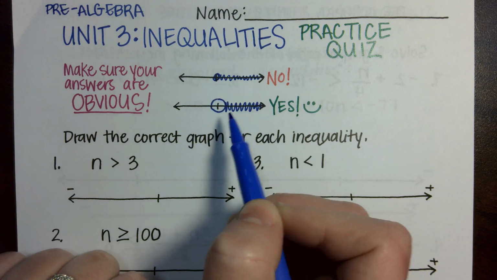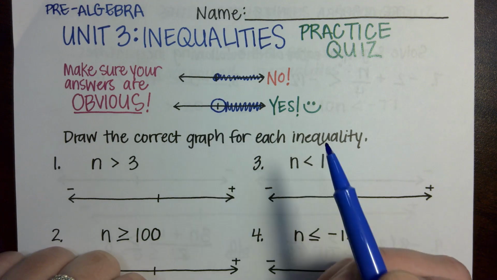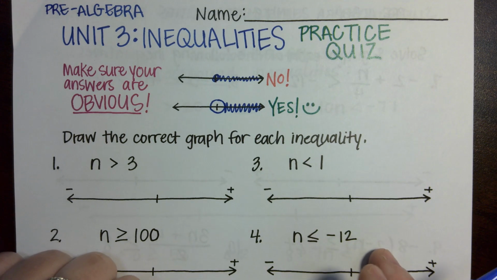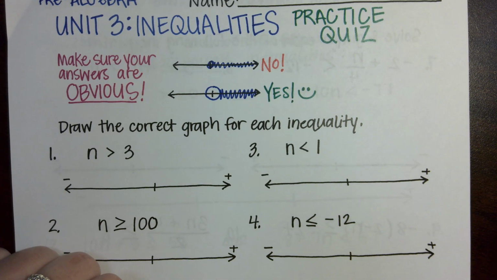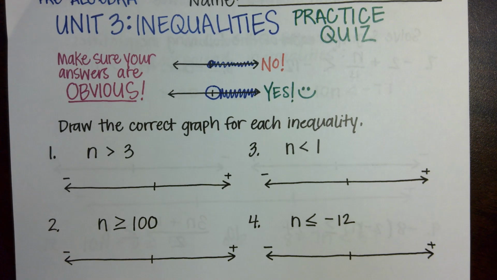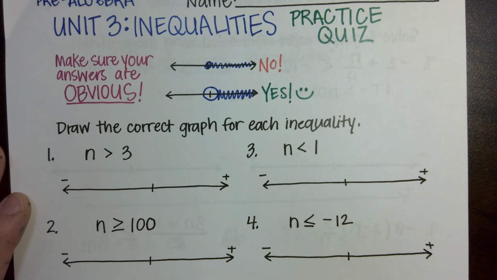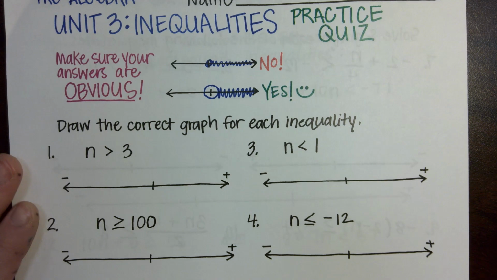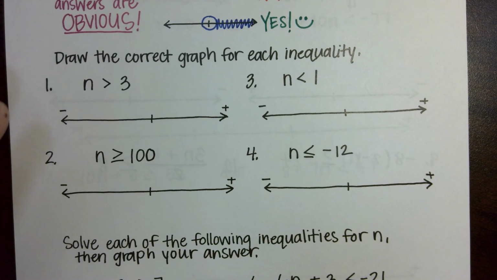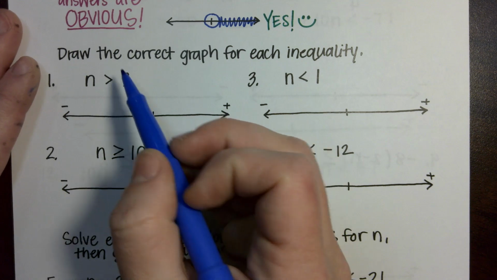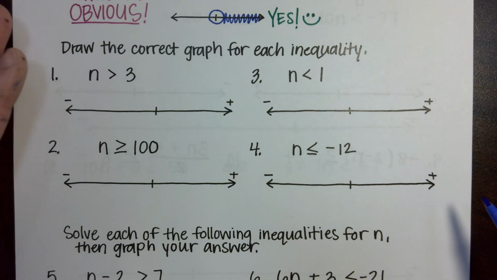Give me big, large circles, whether they're shaded or open. I need it to be obvious so that I know for sure what to count right or wrong. Any questions about how to write your answer? All right, let's look at numbers 1 through 4. Number 1, what does this inequality say?